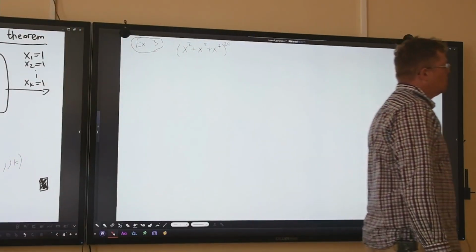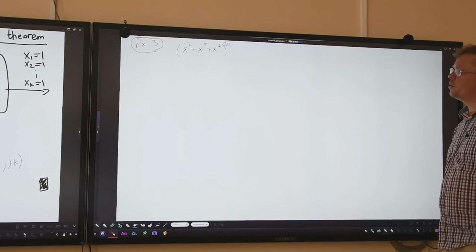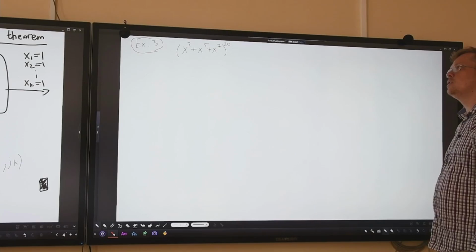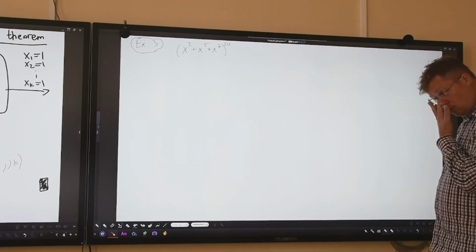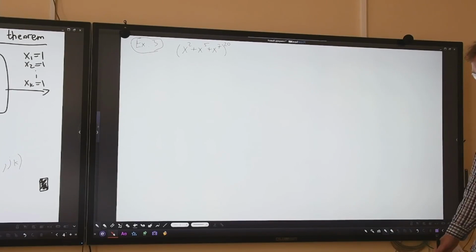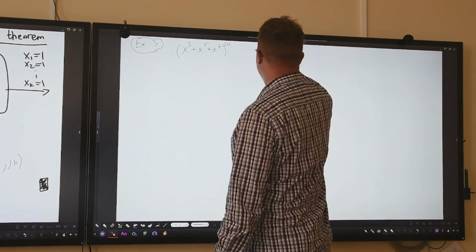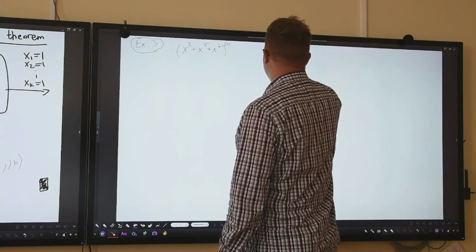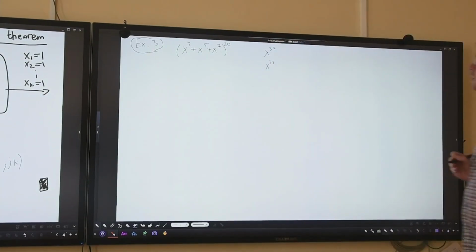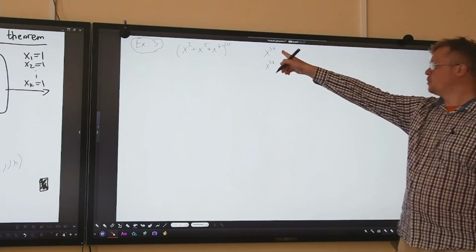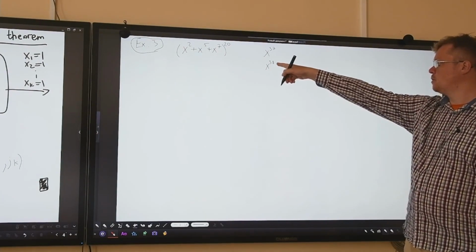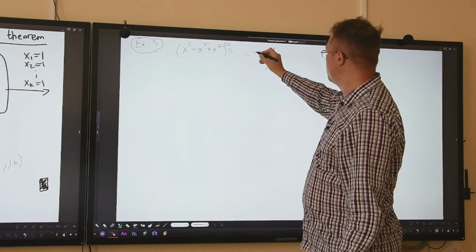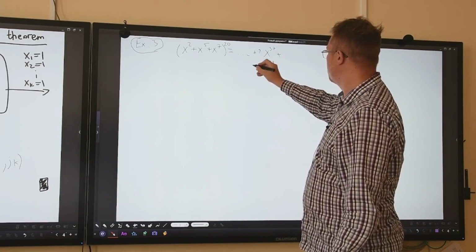I want you to calculate, for example, what the coefficient will be before x to the 37 power and x to the 38 power. So if we expand this, what should be the coefficient of this one and of this one?